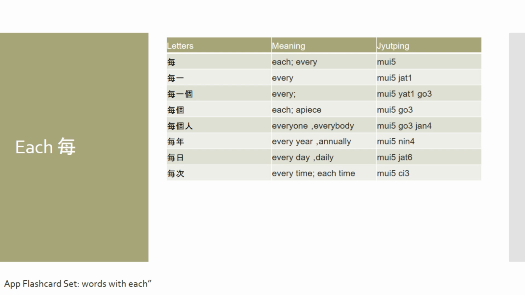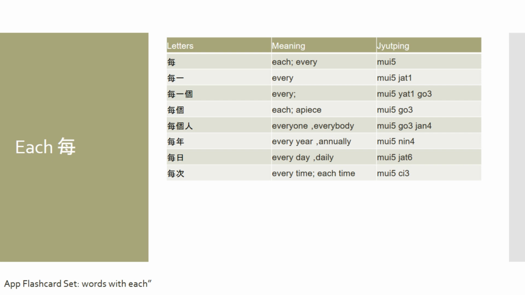The next Chinese character that I want to talk about is the Chinese character that means each. Each in Cantonese is moi. So if you want to say every or everyone, then you would say moi yat. Or if you want to pinpoint a particular one of the objects or people, then you would say moi yat go.